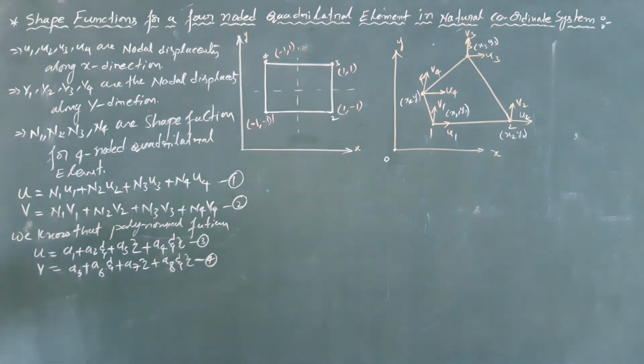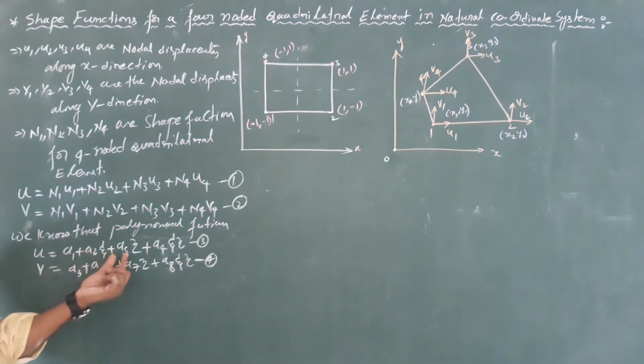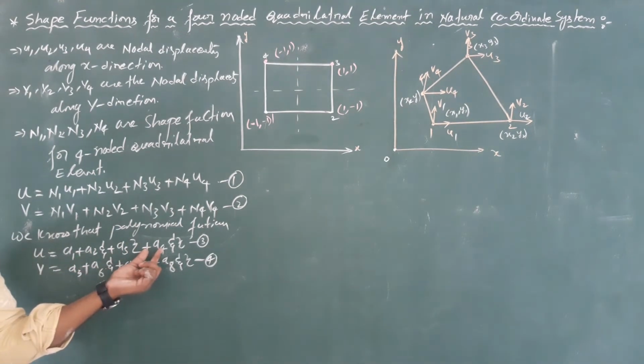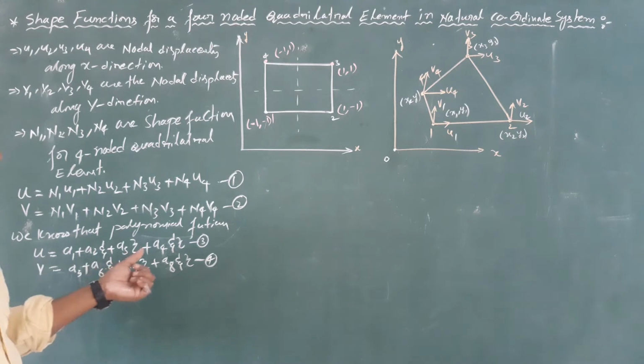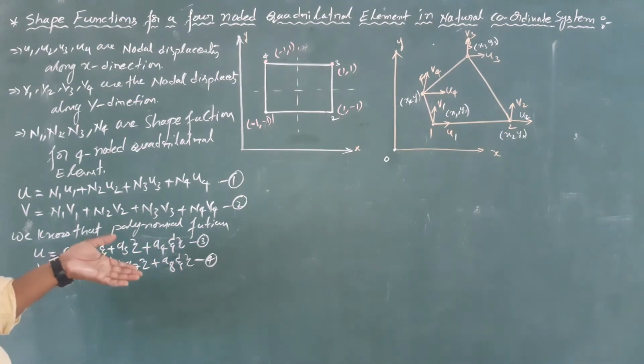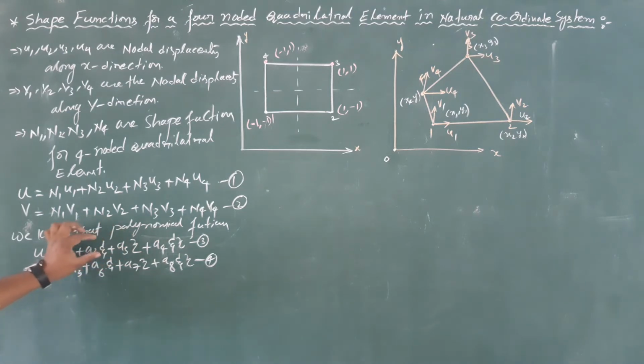Okay, now these a1, a2, a3, a4 are polynomial function coefficients. This ξ and η are the natural coordinate system coordinates. Now we find a1, a2, a3, a4 for the purpose of shape functions.